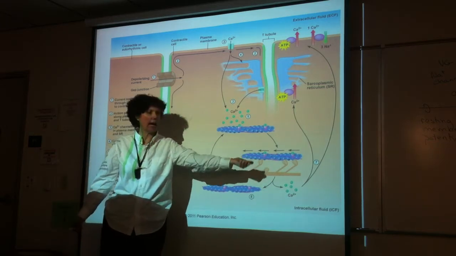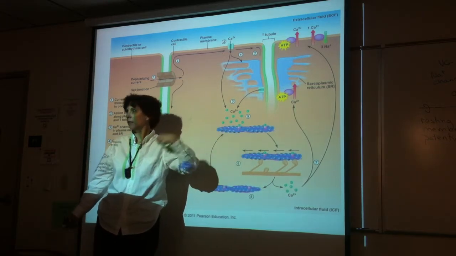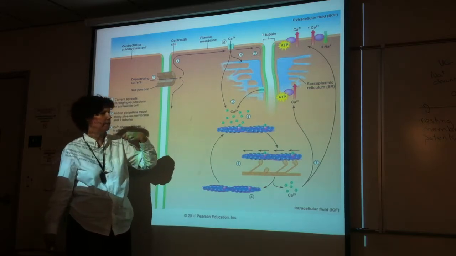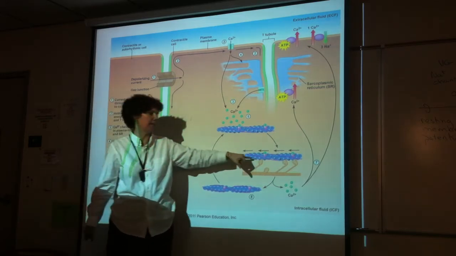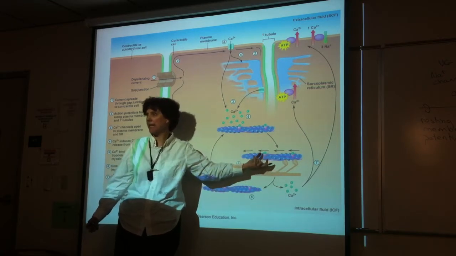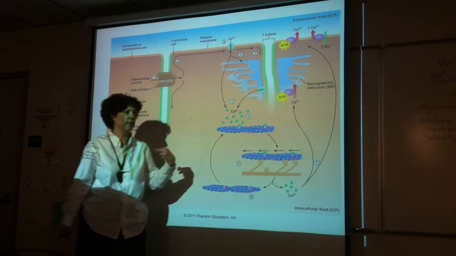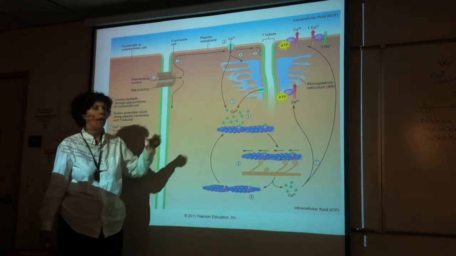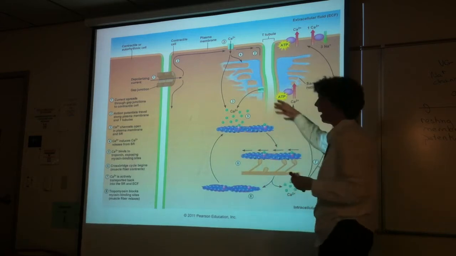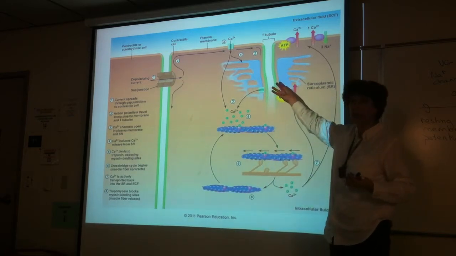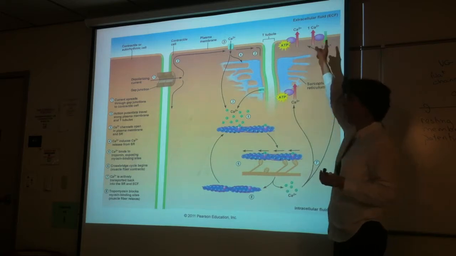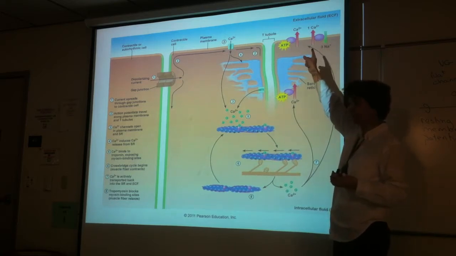Myosin is already cocked, binds to its head. The energy causes the head to swing forward. ATP binds to that, it separates, the energy is used to recock, and as long as there's a space available, it'll bind to another head. Okay? When the muscle cell relaxes, calcium is pumped back into the sarcoplasmic reticulum. In cardiac muscle cells, it has to be pumped out of the cell as well.